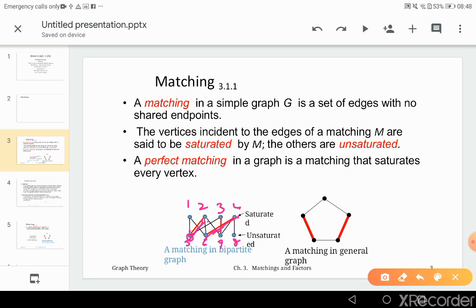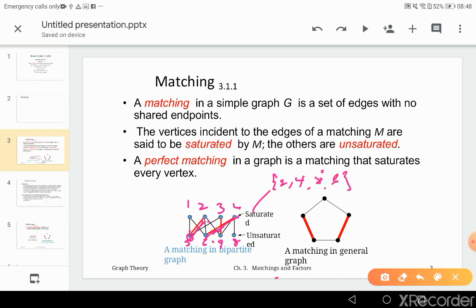So the saturated vertices are 2, 4, 5 and 6.